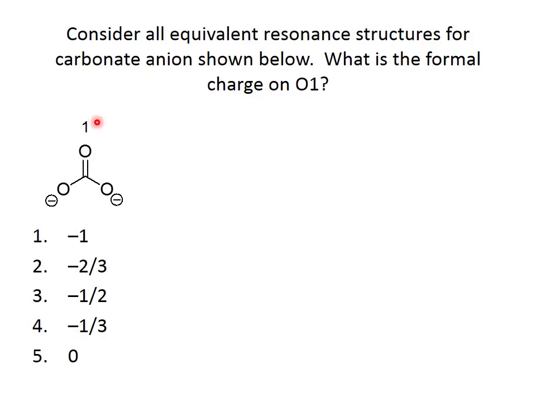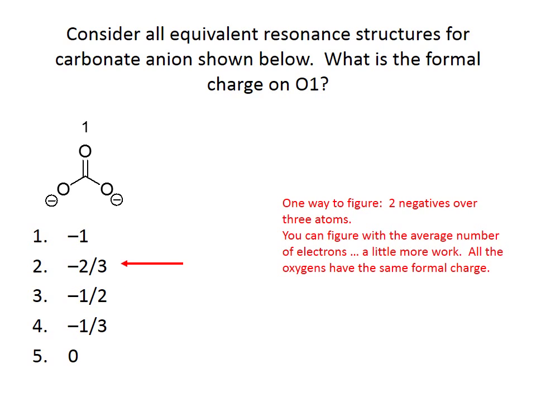Oxygen 1 doesn't appear to have a charge on this one, but we know that the other resonance structures are going to have a -1 charge on the 2 other resonance structures. So this gives that oxygen has 2 negative charges over 3 different structures. That gives it a -2/3 charge. And so that is the way that we figure out the formal charge that would be on that oxygen.